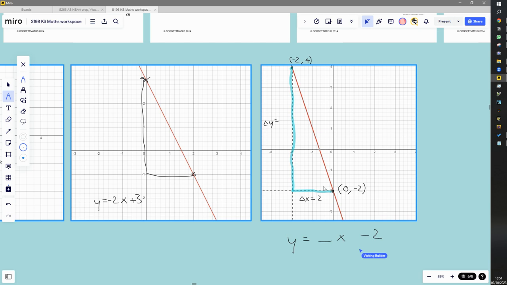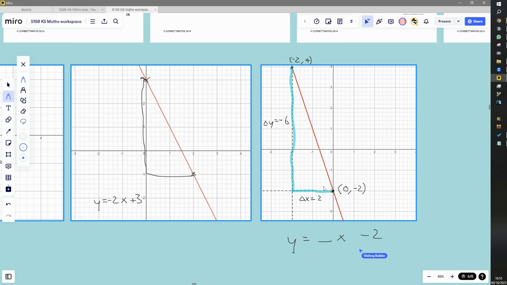So it went from 4 all the way down to -2. So change in y is actually -6. Okay? If you end up writing 6 instead of -6, it's not a big deal as long as you just notice that the gradient at the end must be negative because it's clearly going down. But it's better to notice that the gradient is negative because the y value is going down.